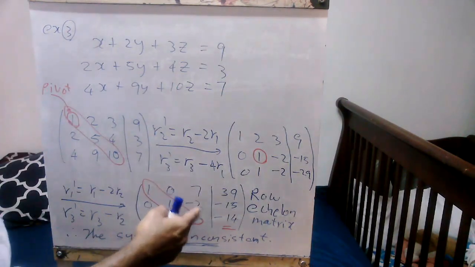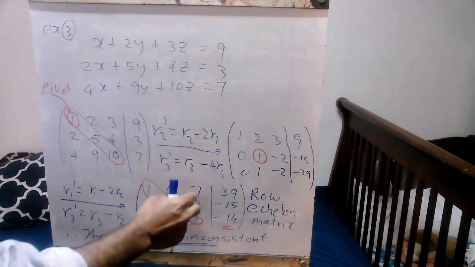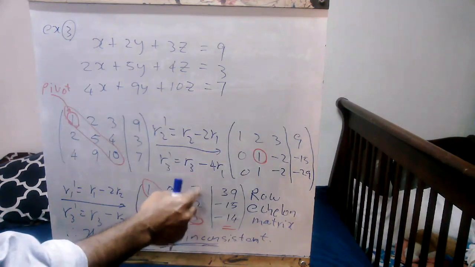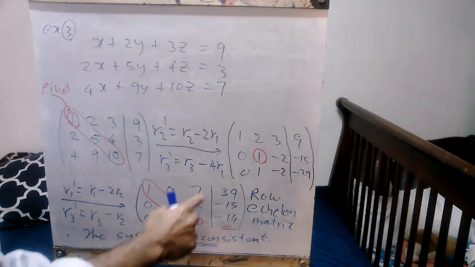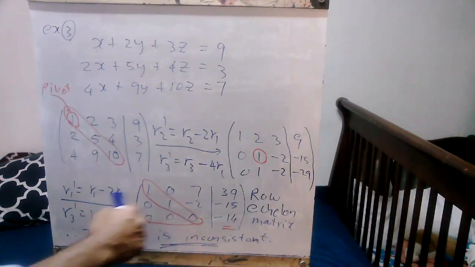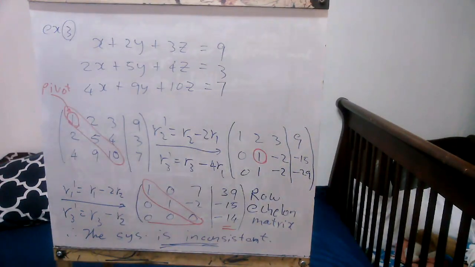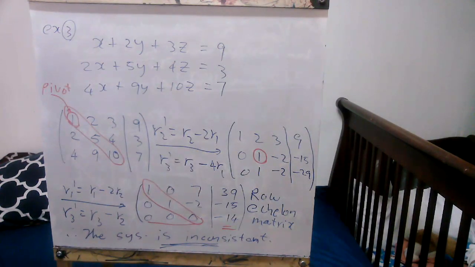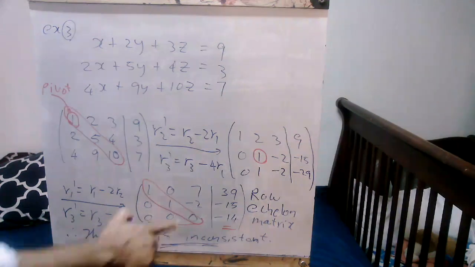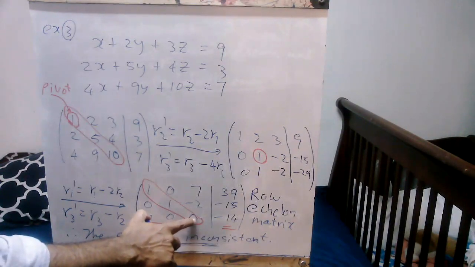Then if we could make this 0, meaning only the diagonal is 1 and everything else is 0, it is called a reduced row echelon matrix. Here we cannot get a reduced row echelon matrix because this is 0.